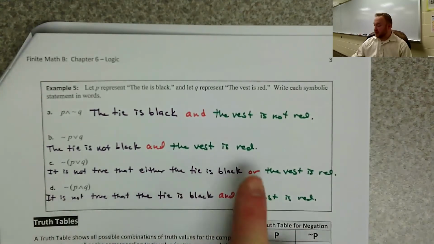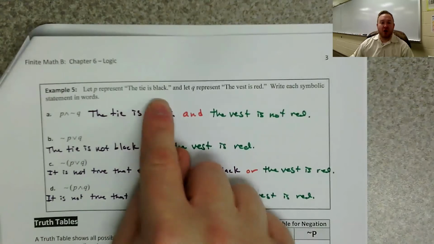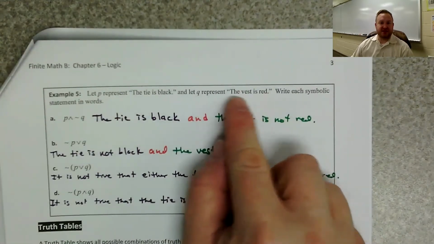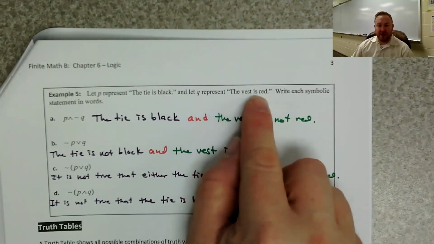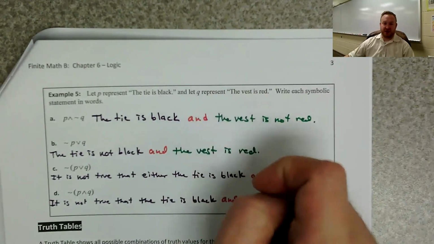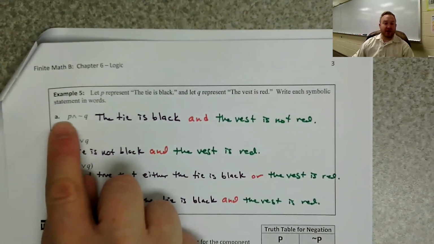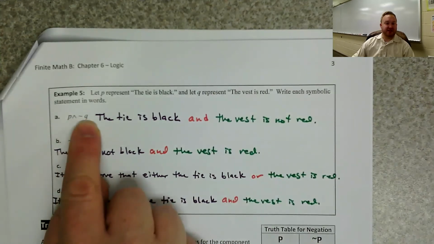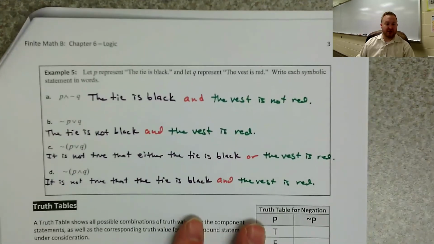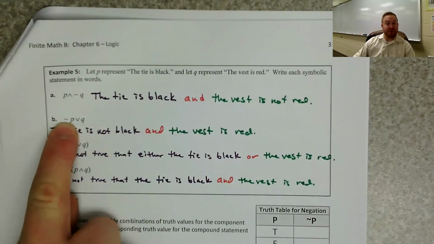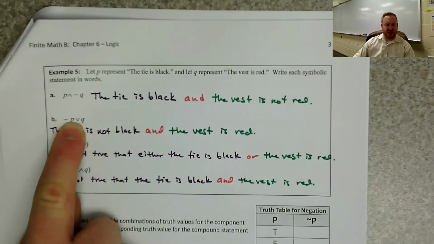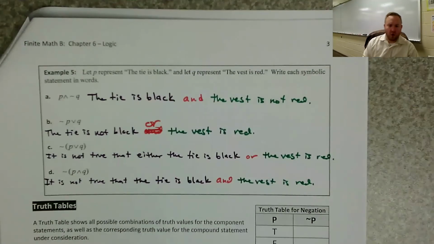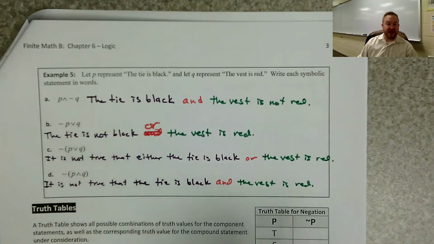So instead of writing out the tie is black every time, we just represent that statement using the letter P. Instead of writing out the vest is red every time, we just represent that statement with the letter Q. So this statement here would be the tie is black, and now we have a negation, the vest is not red. Okay, you can look through the rest of these. Here I have the tie is not black, or, that should say or, sorry. Or, and then Q means the vest is red.